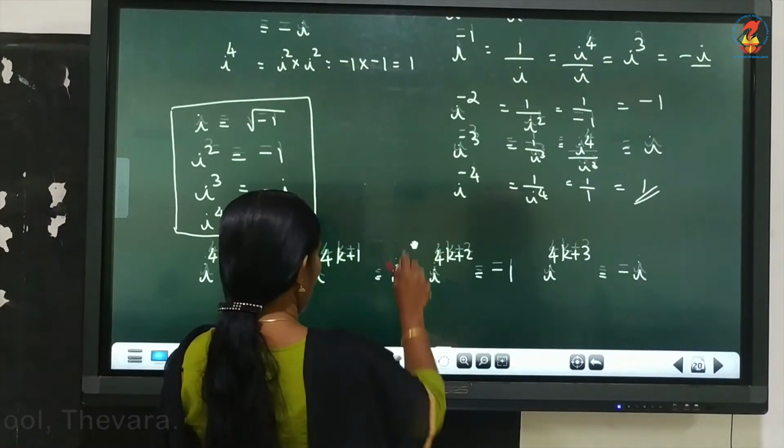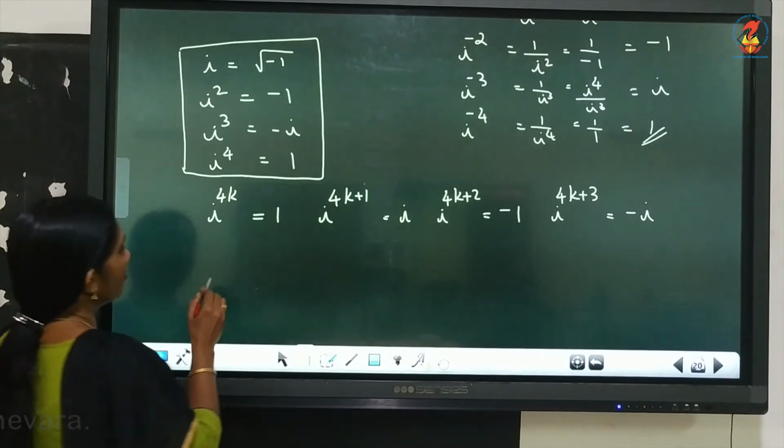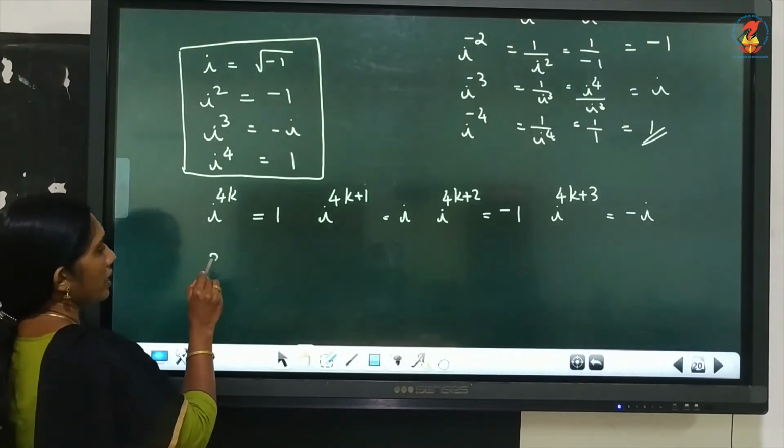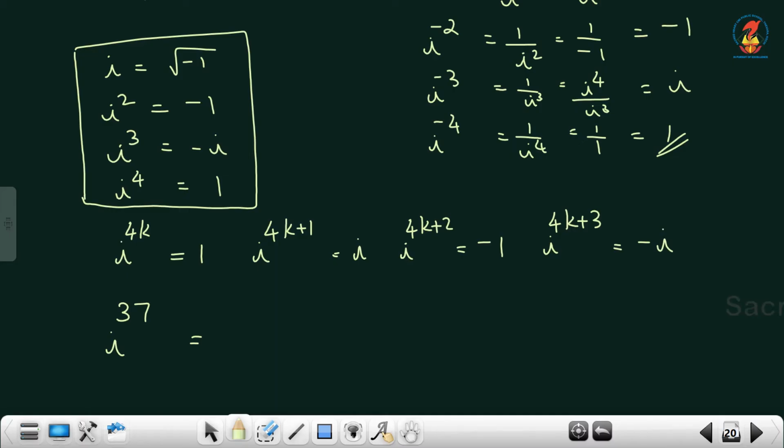So, example. Check the example, children. If it is i raised to 37, the power is greater, so you have to split it as a multiple of 4. What is the nearest multiple of 4? It's not above this number, below.